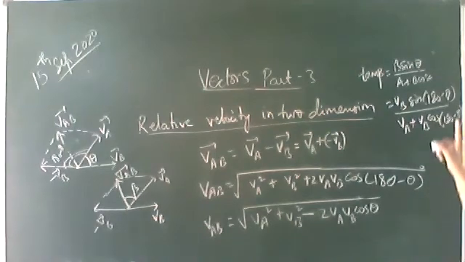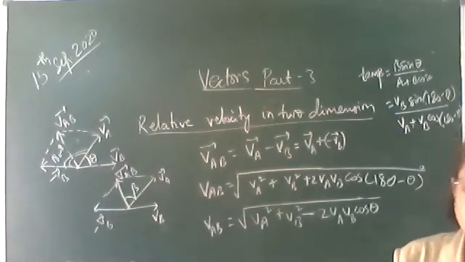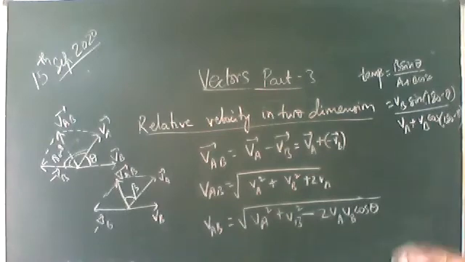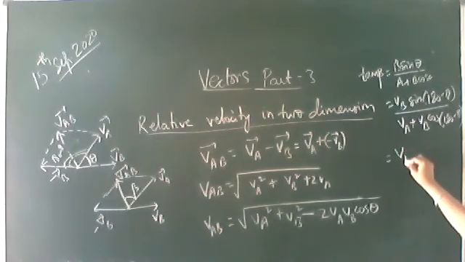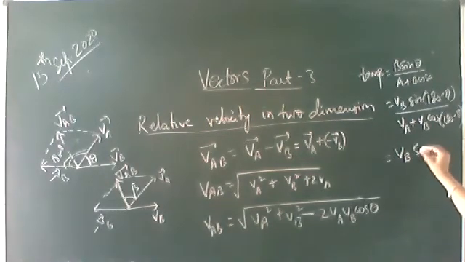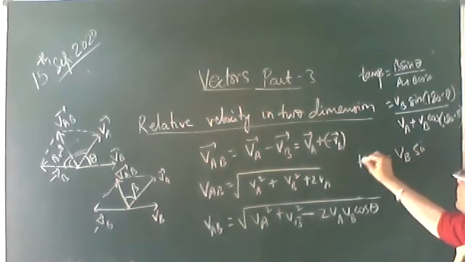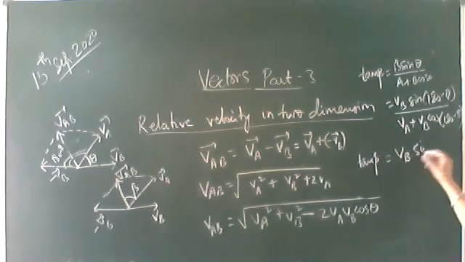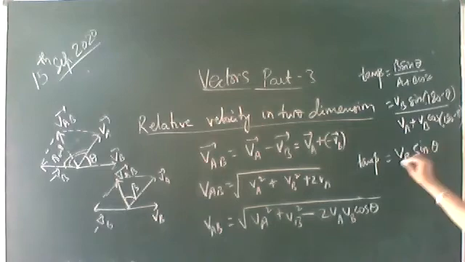Okay, so bio students, note it down. Sin 180 minus theta, sin theta. Cos 180 minus theta, minus cos theta. So what is the direction? Tan beta is equal to VB sin theta upon VA minus VB cos theta.